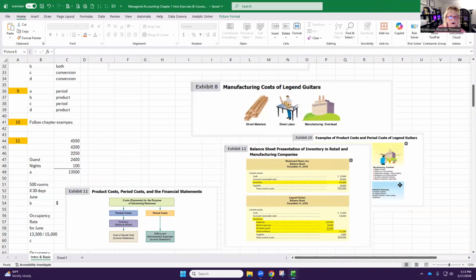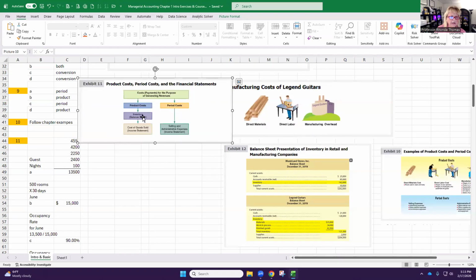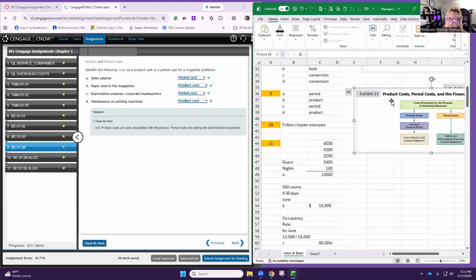For period and product costs, if it's direct materials, direct labor, manufacturing overhead, anything at the factory or the plant, that's going to be a product cost.